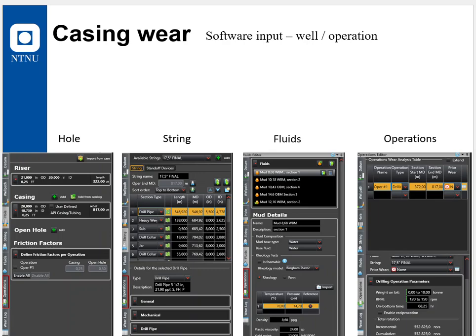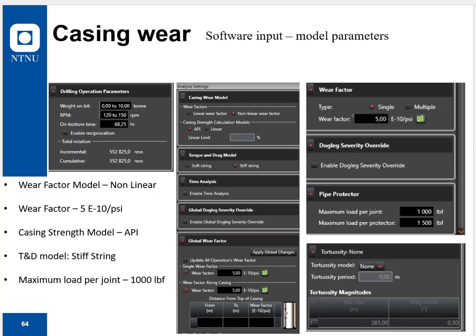What you can look for yourself is a simulation here, and these are pictures from Landmark's application called casing wear, where we are modeling casing wear. This is from a class done at NTNU some years ago, where we did the full development of well design.